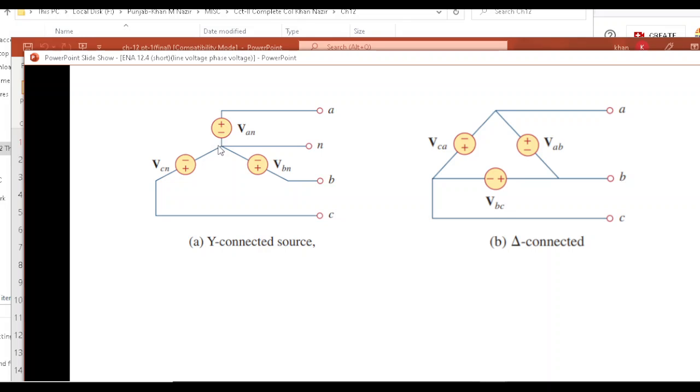You can see this is like an inverted Y. In this, there is a point which we call the neutral point. The other 3 points, A, B, and C, are the lines: line A, line B, and line C. The other connection is if we connect the three generators like this, so this will be called the delta connected system.